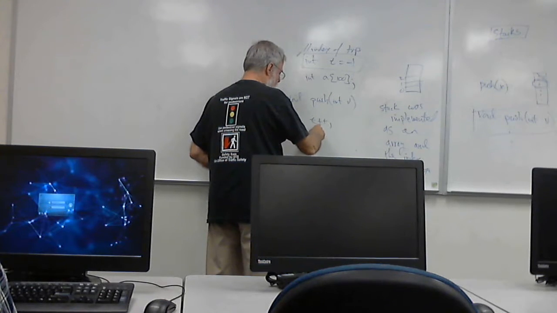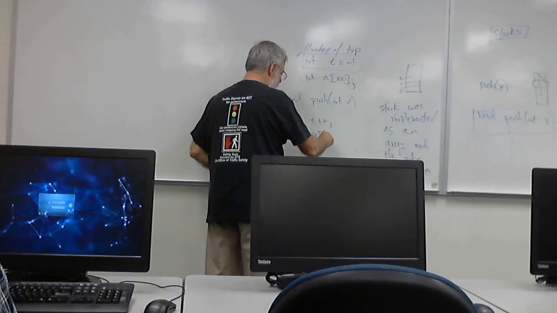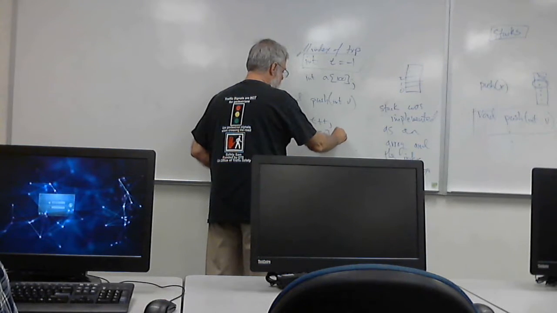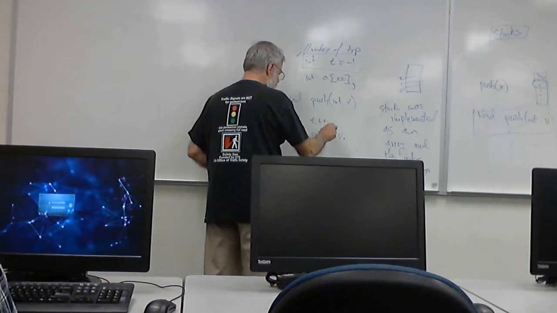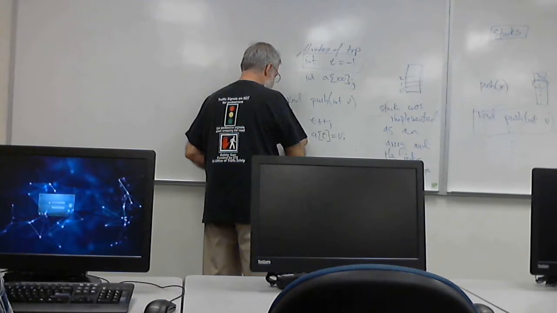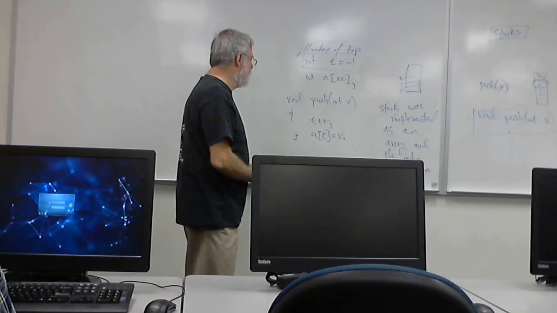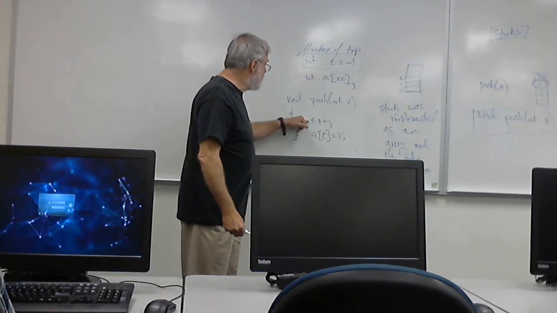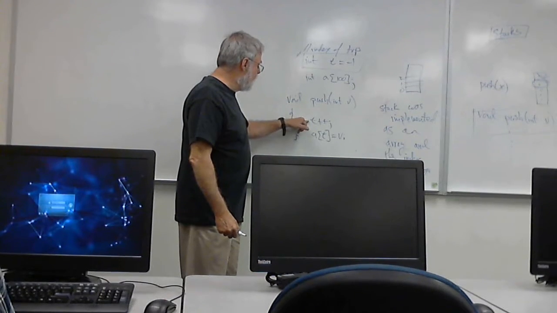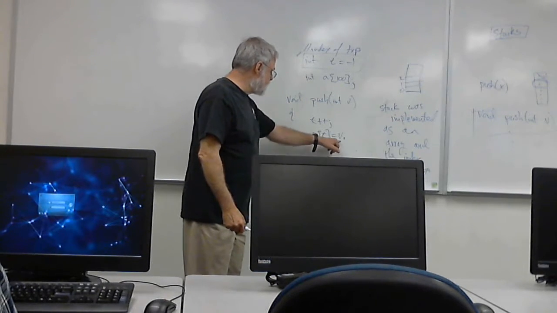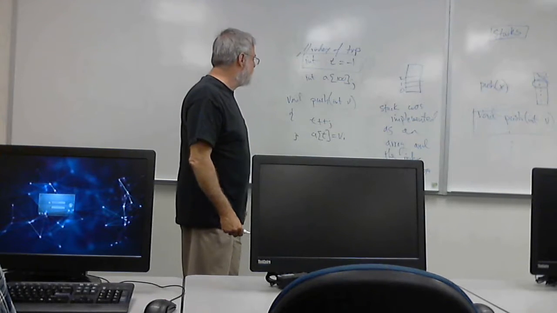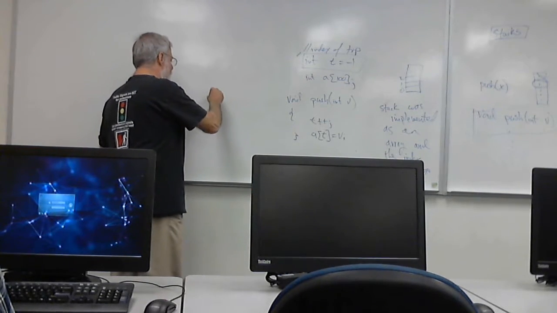And we'll say a brackets t is going to equal the value. So this is the push operation. We increase the index of the top, and with that new index, we put the value on top of the stack.